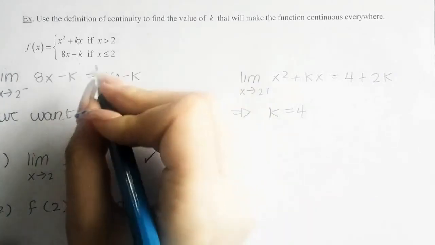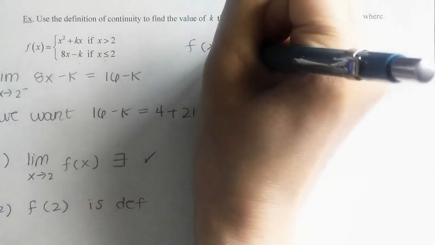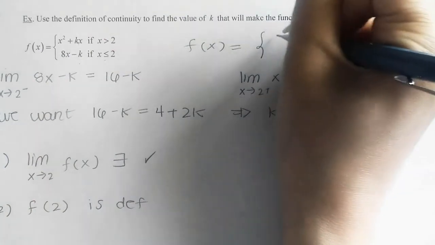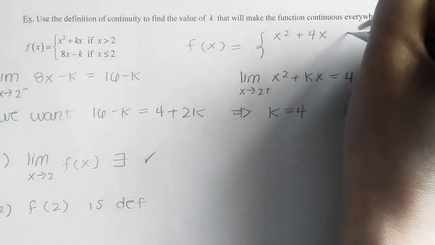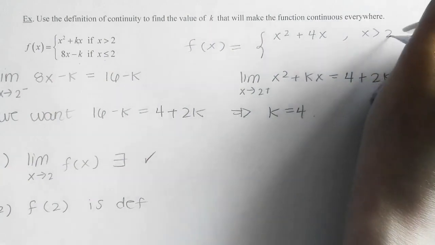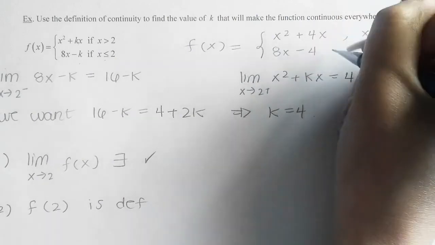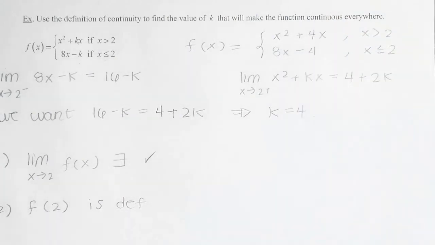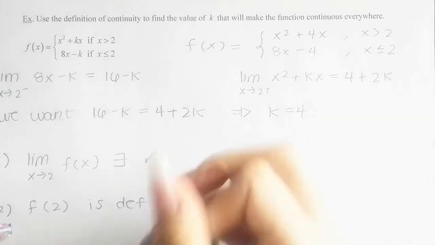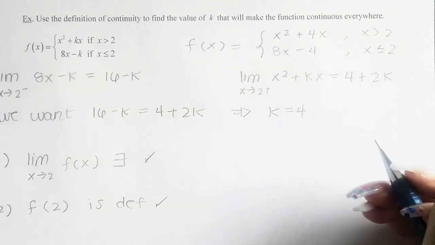You know that's true because you have the equal sign here. Now your redefined function is going to be f of x equals x squared plus 4x for x greater than 2, and 8x minus 4 for x less than or equal to 2. This is your redefined function, and you know that f of 2 exists because you plug the 2 here and you have something.